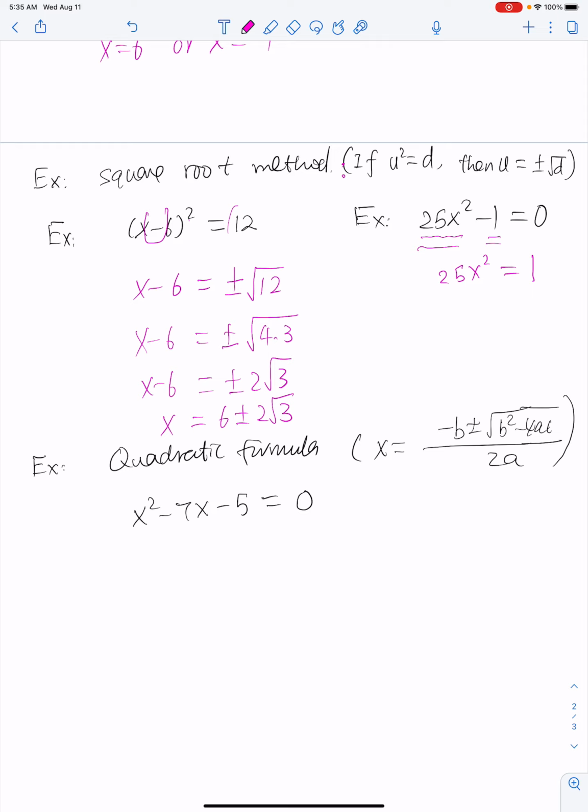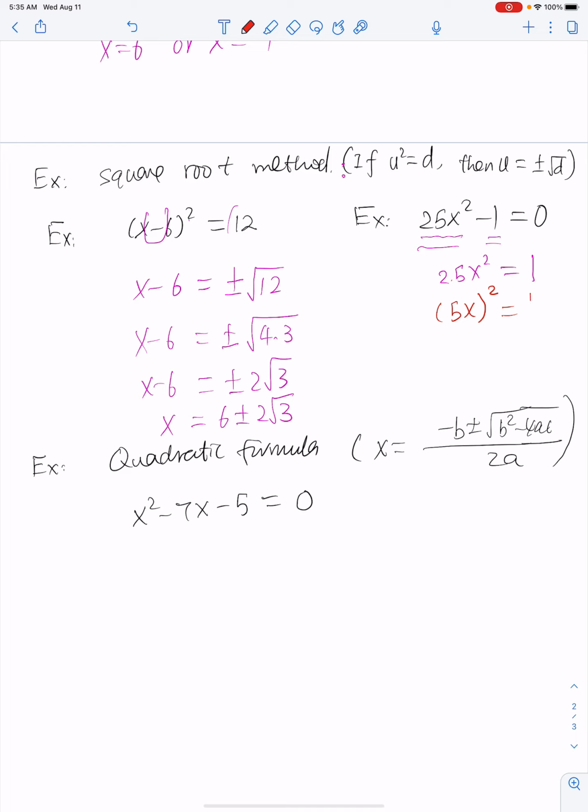Is it 25x? Be super careful. To write a perfect square, you have to move the 25 inside the square. Inside the square it will be 5, because 5 squared is 25. Are you with me?